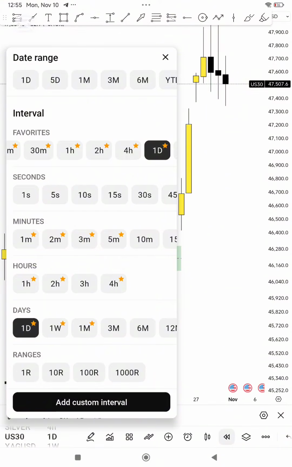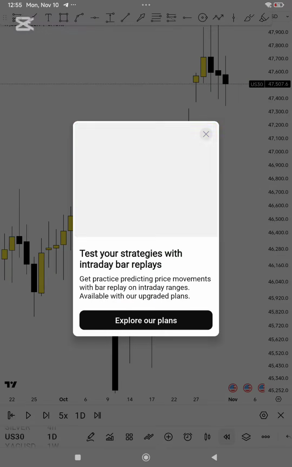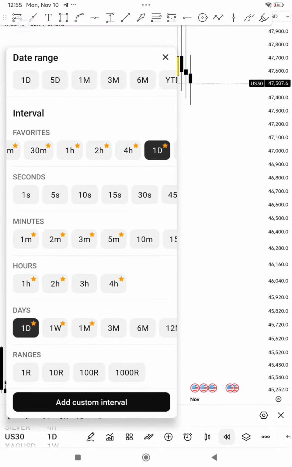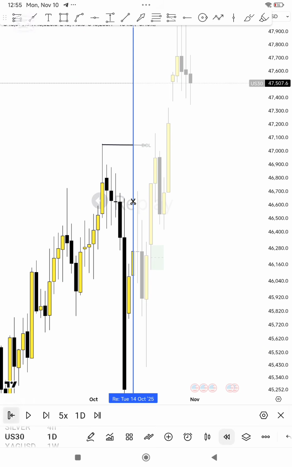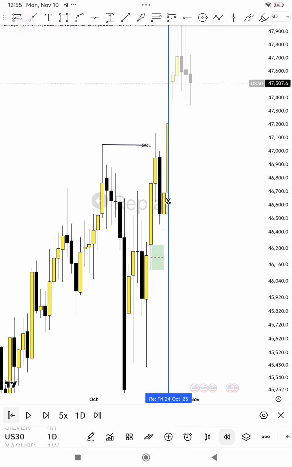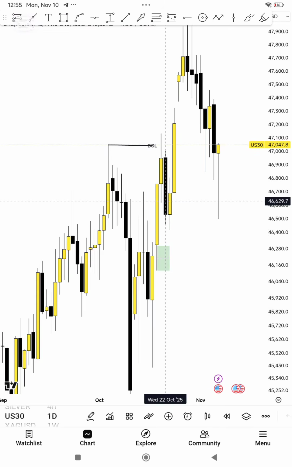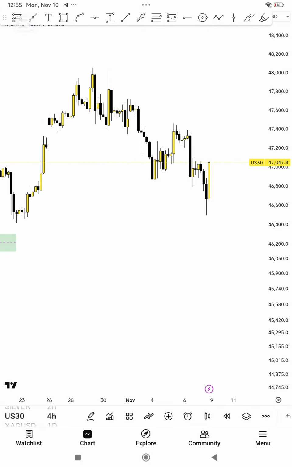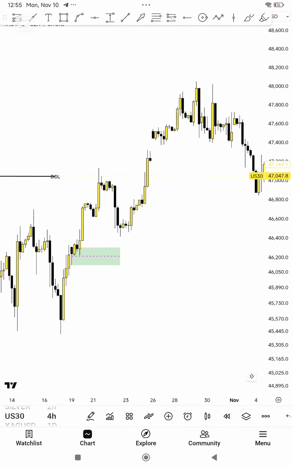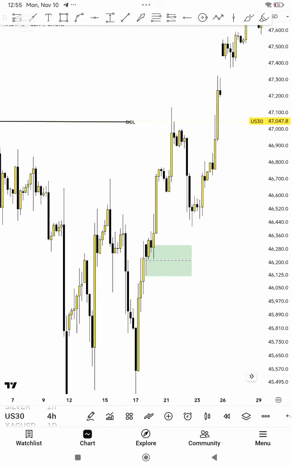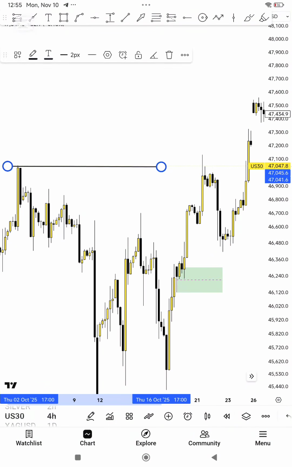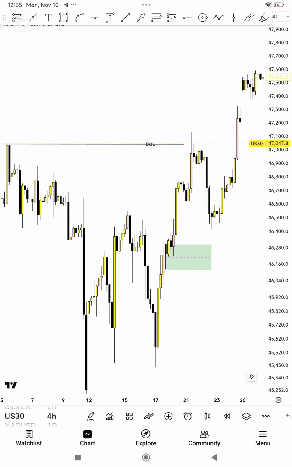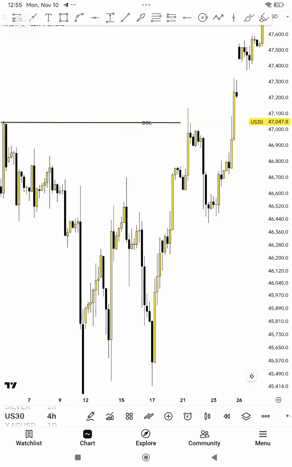Alright, let's check this example in H4 for better understanding. Let's go to H4. Okay, so this is our H4 time frame. Let me mark it, one second.